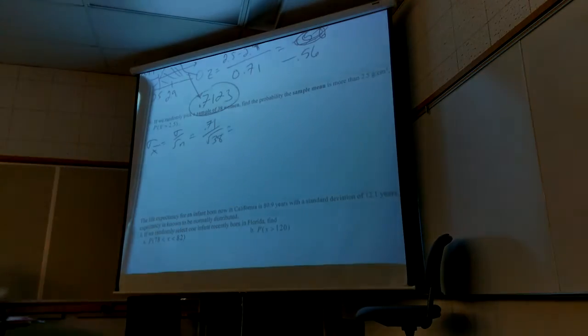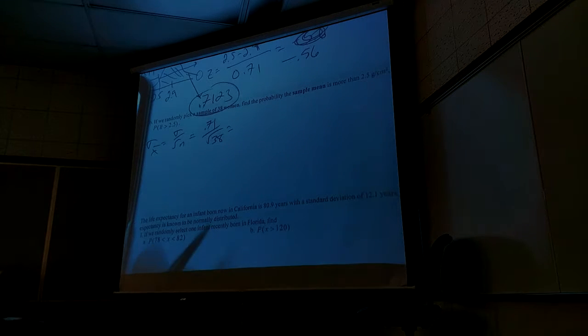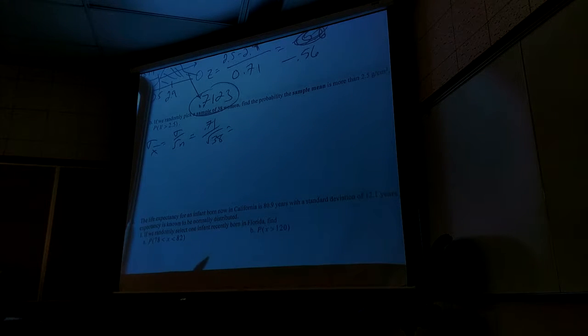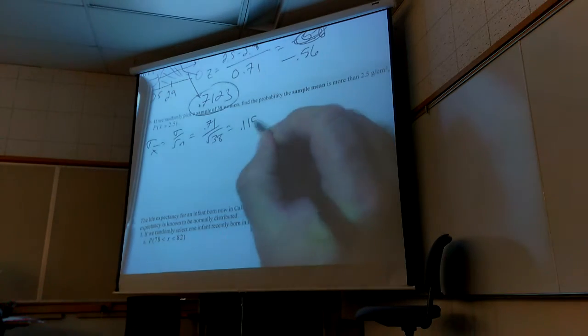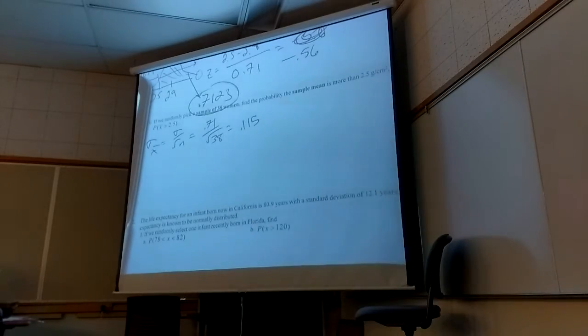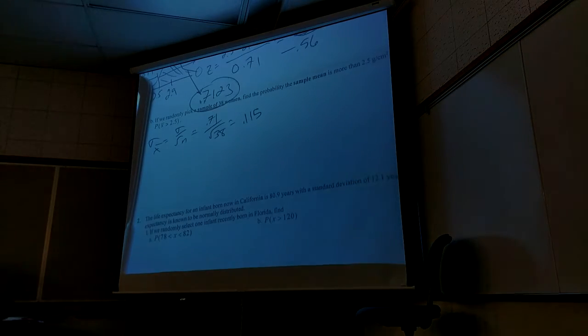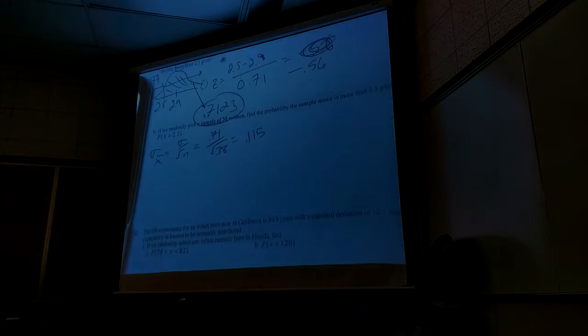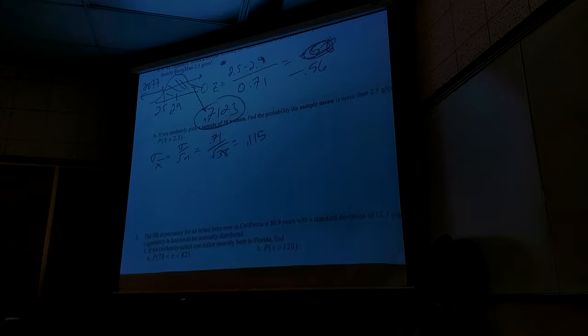What do you guys get for that? 0.1152. I like it. 0.115, or you can do 0.1152. Standard deviation's got to be at least 3 places. If you want to make everything 4 places except z-scores, do it. Then you're set. You're golden.